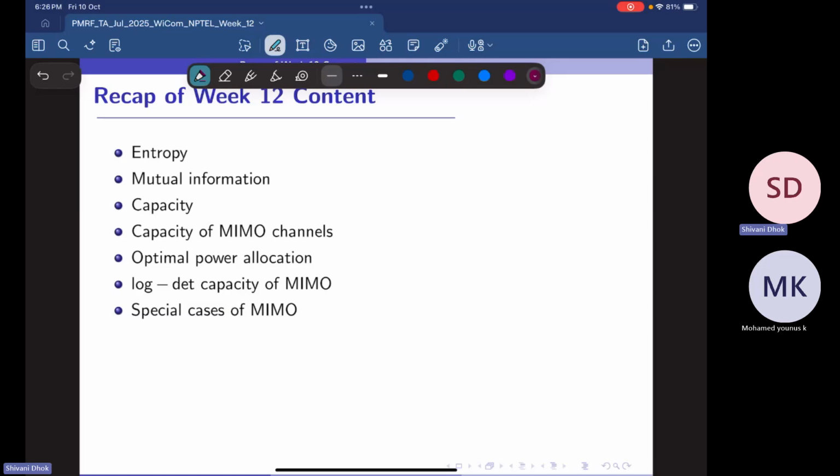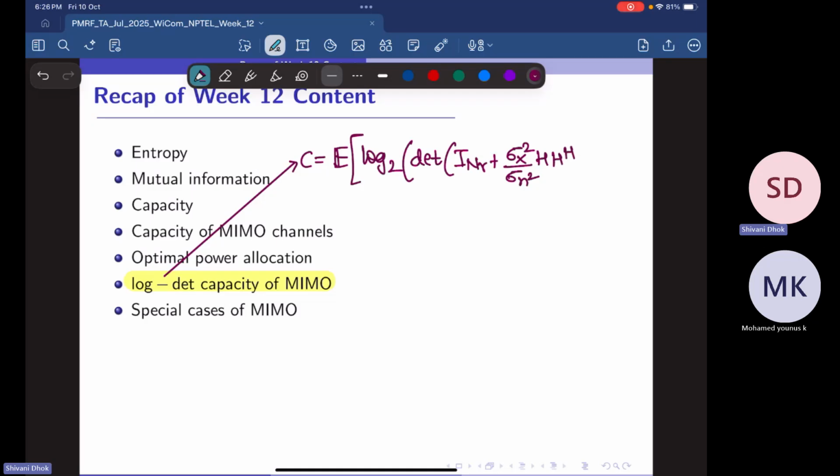We are discussing the log-det formula. This is the ergodic capacity, expectation over the channel gains, log to the base 2, determinant of I_NR plus sigma_x square upon sigma_n square into H H Hermitian. Yeah, this is our log-det capacity.